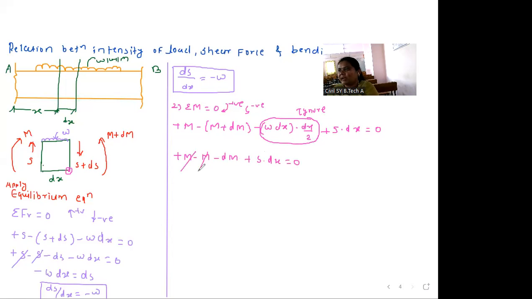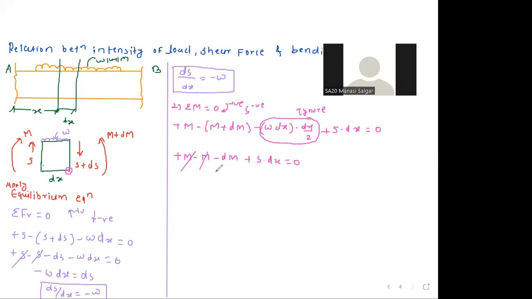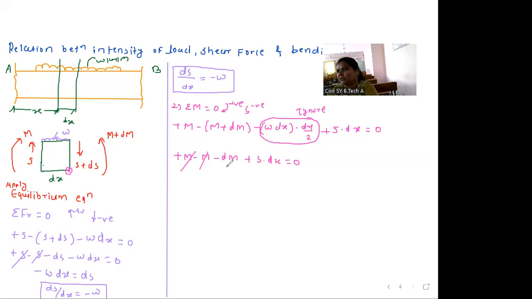This plus M and minus M get cancelled. Now I will shift this dM to the right side. So S into dx is equal to dM. So S is equal to dM divided by dx, and finally dM divided by dx is equal to S.